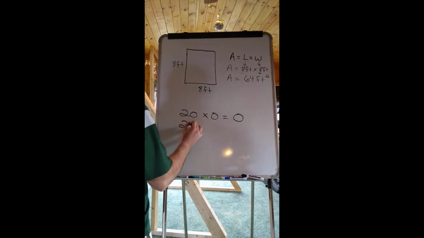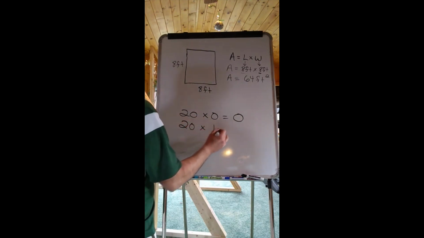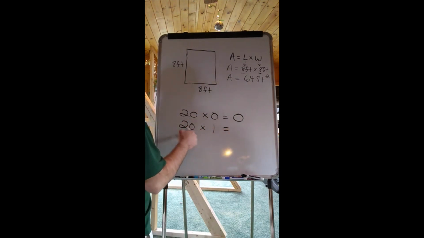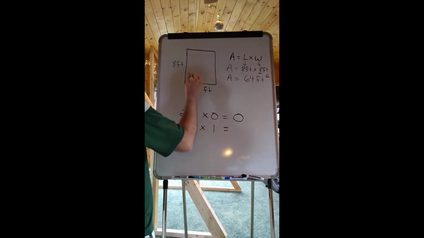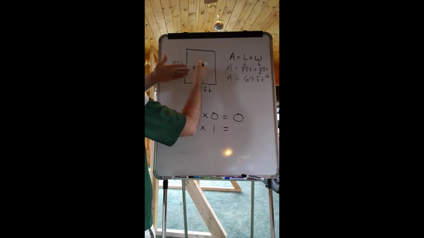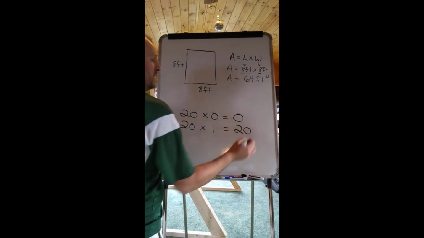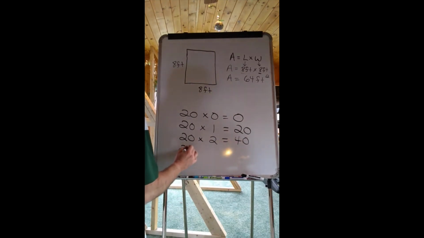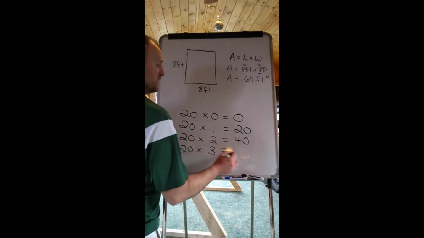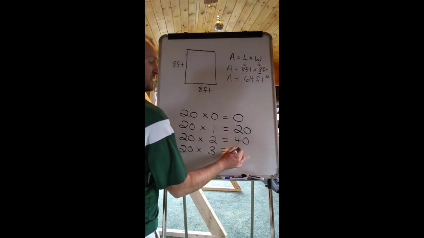Now let's say I buy 1 package. 1 package gets me 20 square feet of coverage. So basically I can cover part of my roof, but I can't cover the whole thing. Here, 20 multiplied by 3 packages gives me 60.